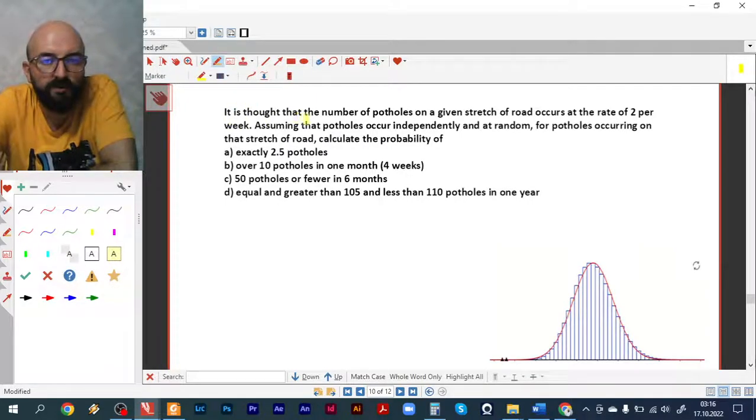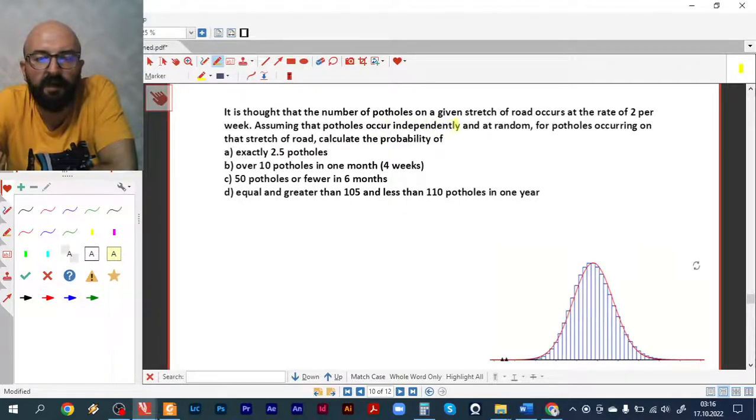Okay, the other problem. It's thought that the number of potholes on a given stretch of road occurs at the rate of 2 per week.